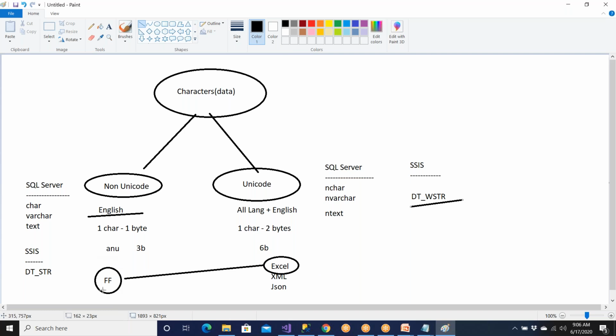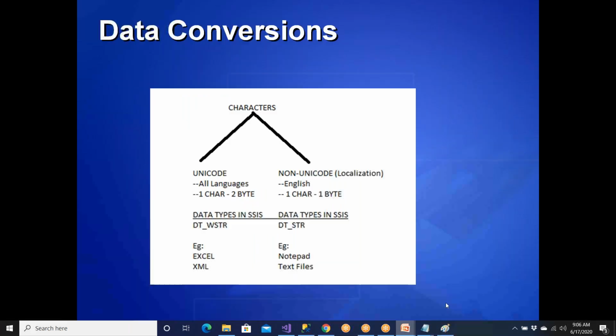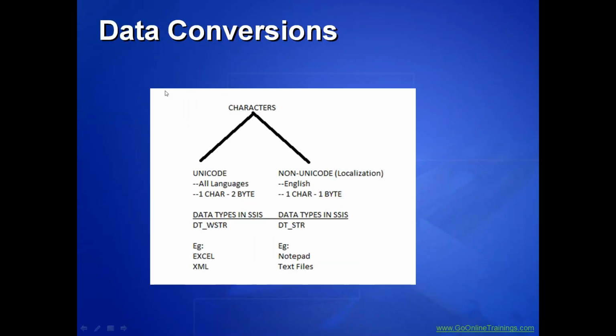You cannot take flat file data and directly dump it into Excel, or take Excel data and directly dump it into a flat file. If you have this data, you have to convert it into this. For this purpose we use the data conversion transformation. Clear? I told you Notepad text files are completely non-Unicode data. It is localized. Only in one place can people read it; all over the world, people cannot read it, because English is not the universal language.